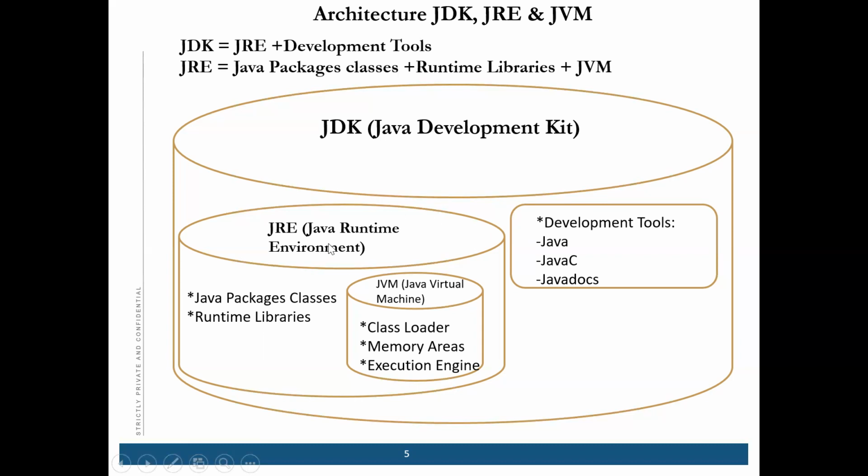JRE is the Java Runtime Environment. It means all the packages, classes and libraries are under JRE. And also JVM. Under JVM, we have the class loader, memory areas and execution engines. Those are under JVM, the Java Virtual Machine. It is virtual because you cannot see those areas.